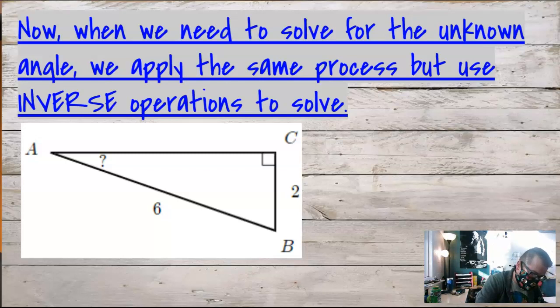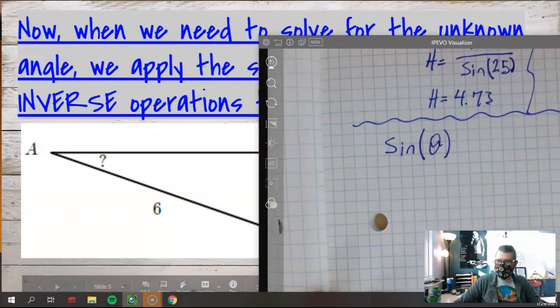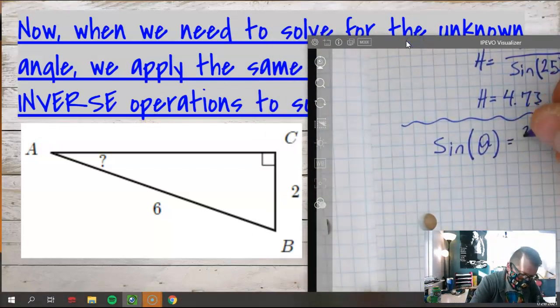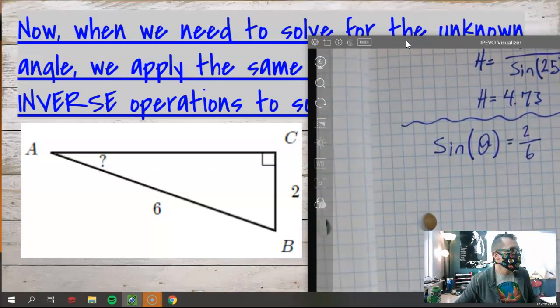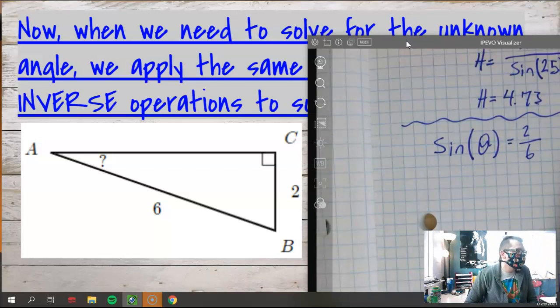And actually, we could use theta instead of the question mark, right? Because we said theta is our reference angle. So when we go to write this, I would write sine of theta is equal to the opposite length of 2 over the hypotenuse length of 6. All of algebra, well, at least all of solving for algebra, pretty much comes down to inverse operations to undo something that has been done to a thing that we don't know, right?